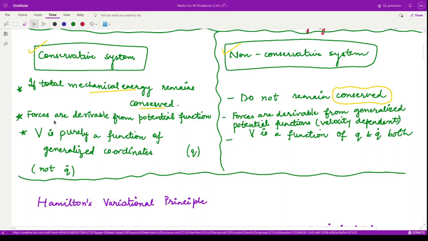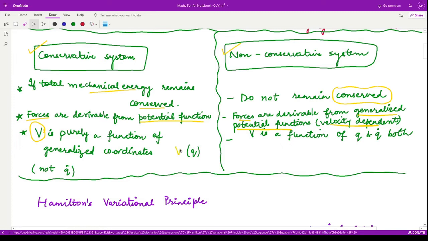Moreover, the forces in the conservative system are derived from the potential function, which is ordinary in nature and not generalized. Whereas in a non-conservative system, these forces are derived from generalized potentials, which are also velocity dependent. In the conservative case, the potential energy V is purely a function of generalized coordinates.